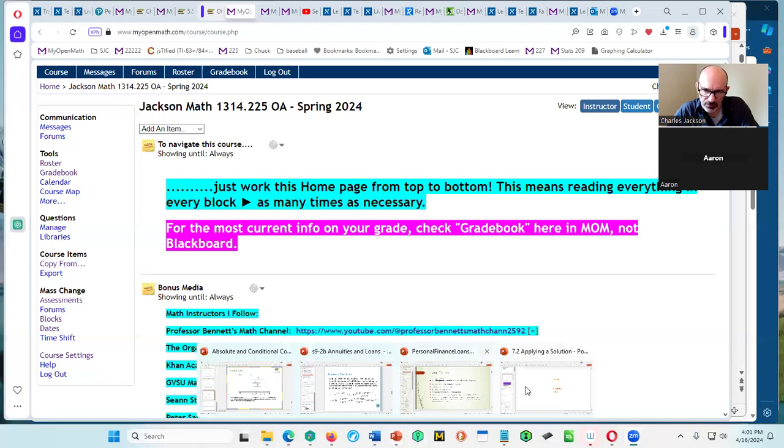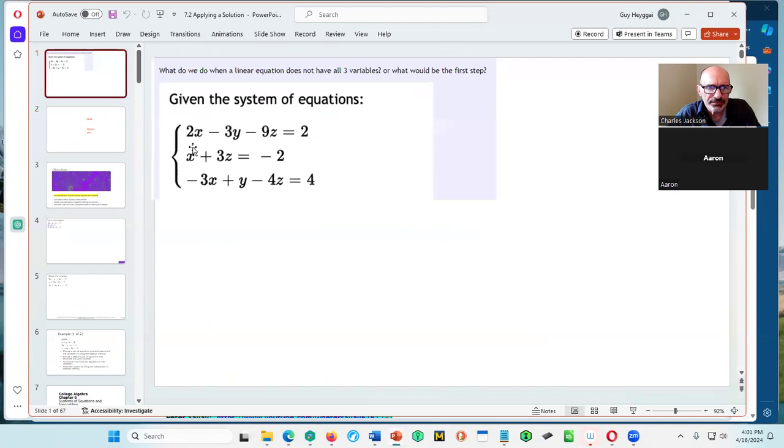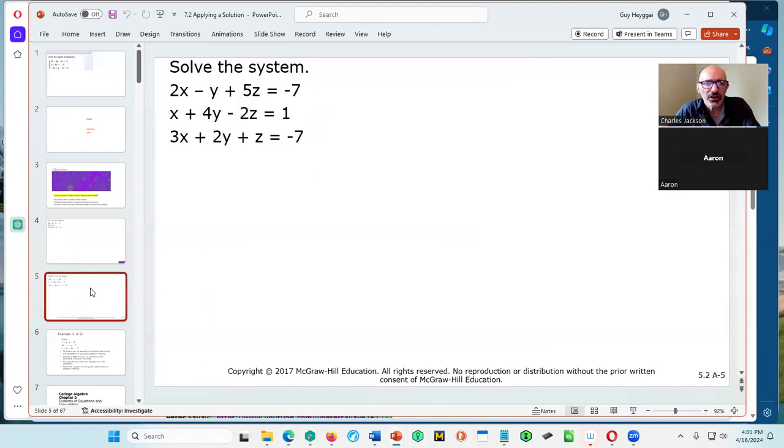There's something that I have a take on, which is different. Might be helpful. So here's a system. Oh yeah, that is a system, not the one I was interested in. Okay, here's a typical system.